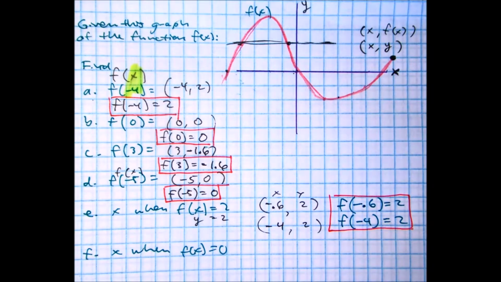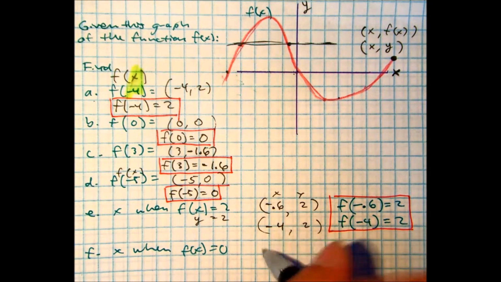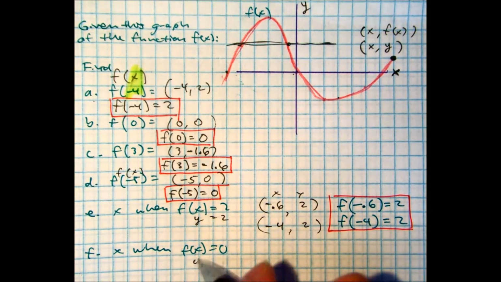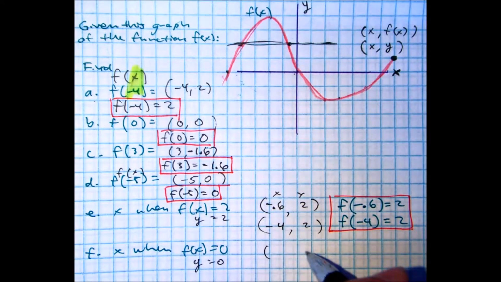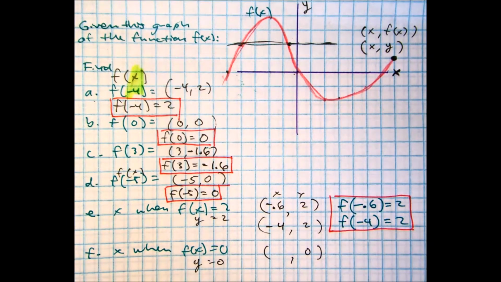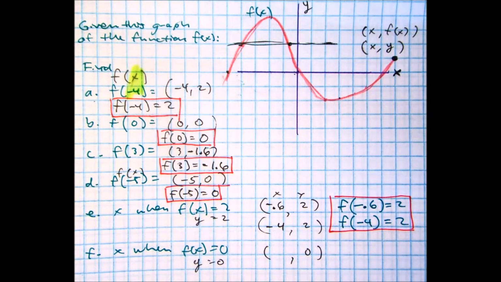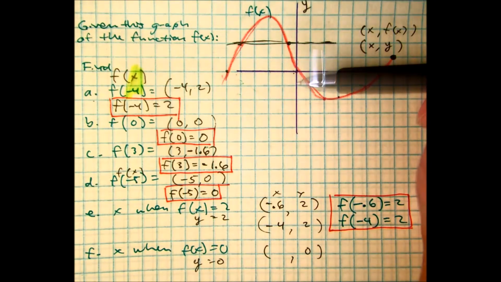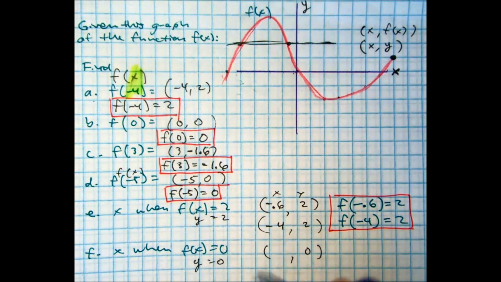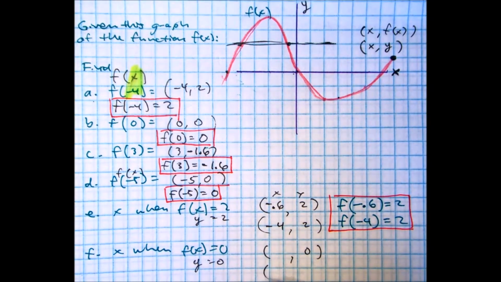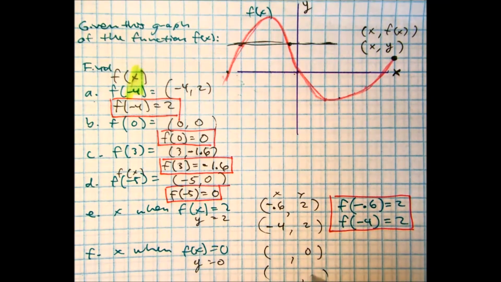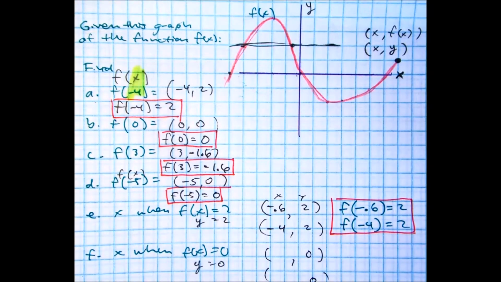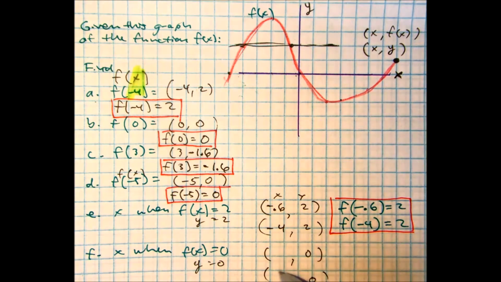And let's do the last one together. This is just saying that y is equal to 0. So let's make an ordered pair. How many points are there where y equals 0? You actually have how many? You have 3. What are they? 0.